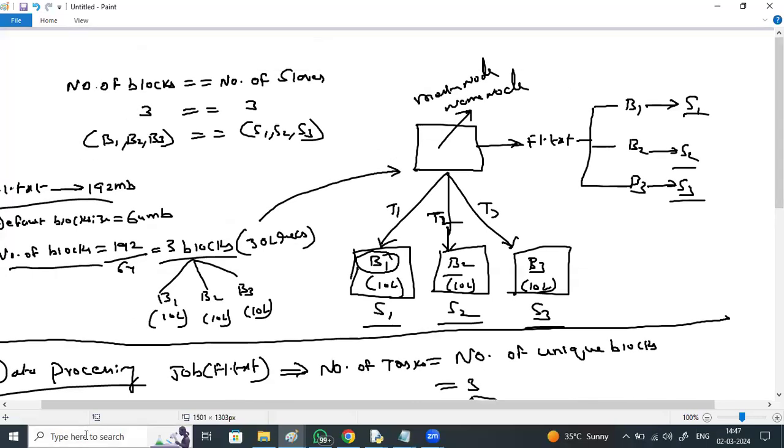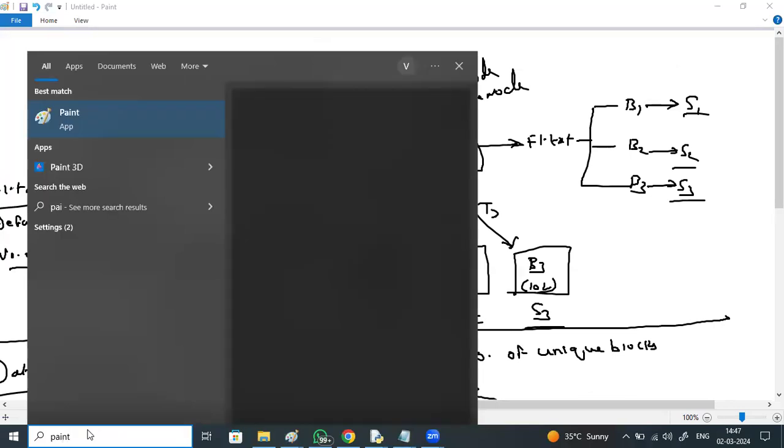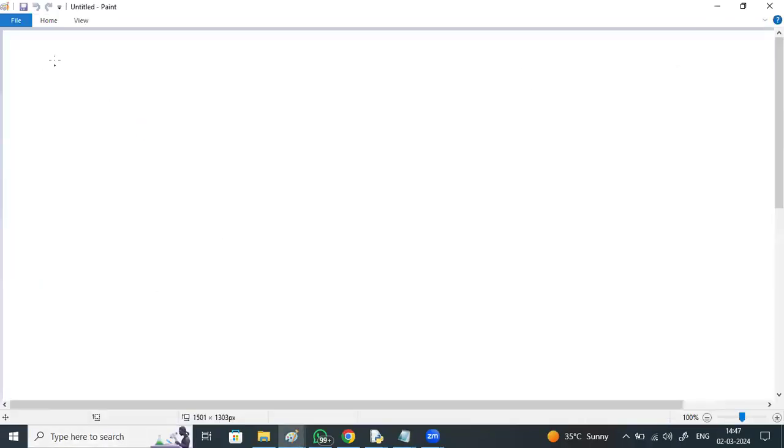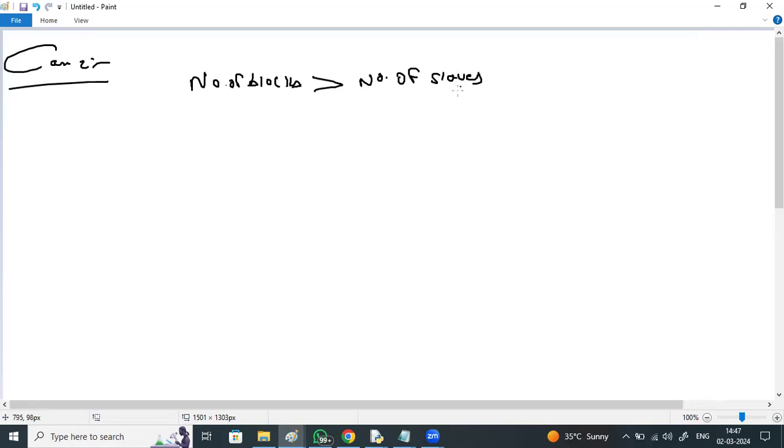Now, observe in this case too, the file is divided into blocks. Assume if the blocks are more than the number of slaves, number of systems. 4 blocks you got, only 2 systems you got.